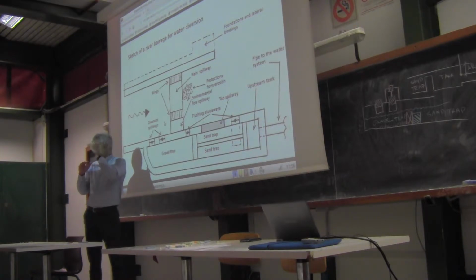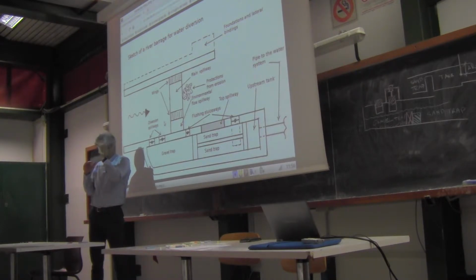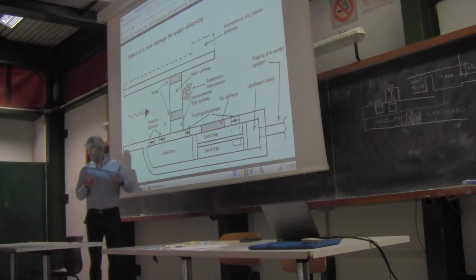So water increases its level because there is more flow coming from upstream. At a certain level I get, through the environmental flow spillway, the desired environmental flow. At this level I place the diversion spillway.